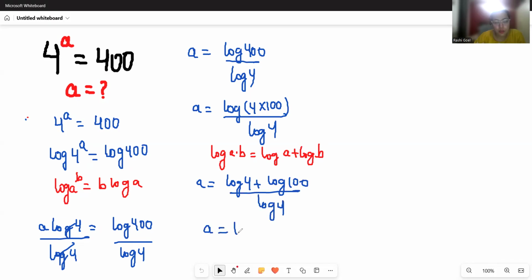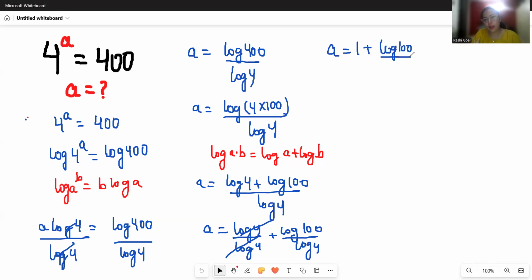So a = log 4 / log 4 + log 100 / log 4. This will cancel out. So a = 1 + log 100 / log 4.